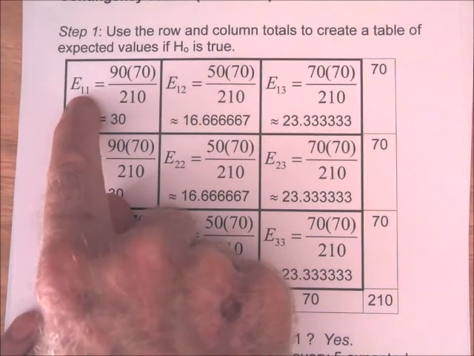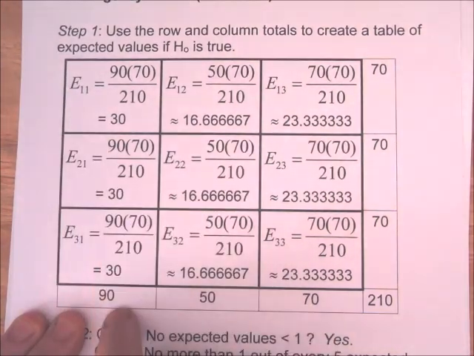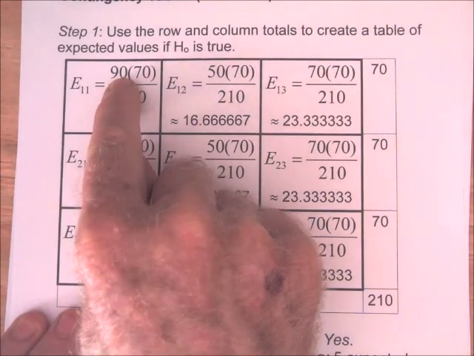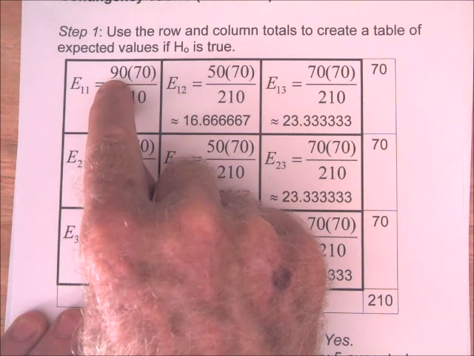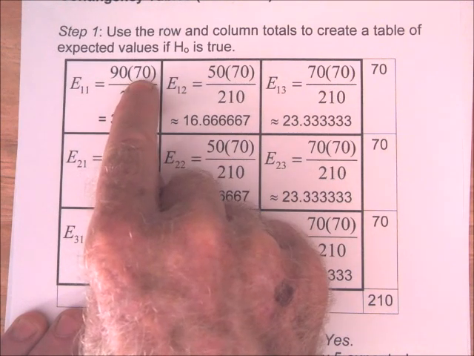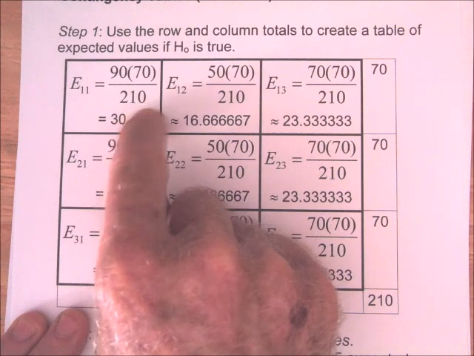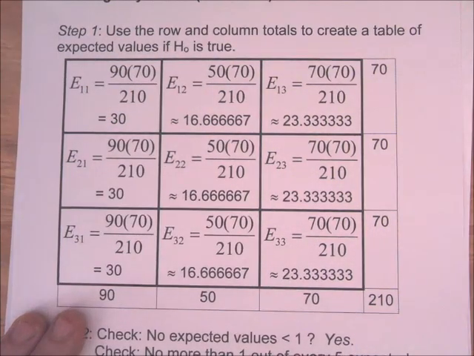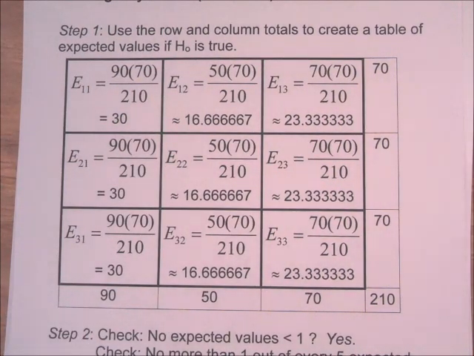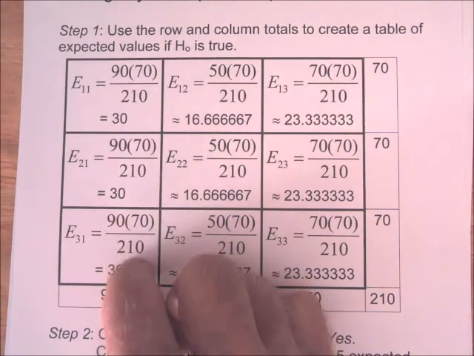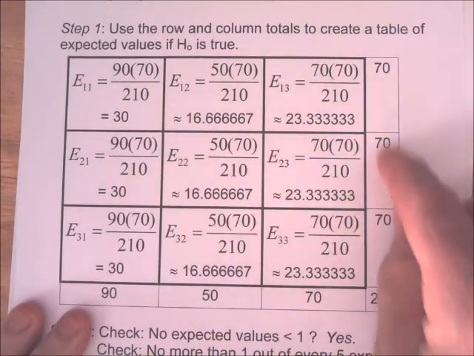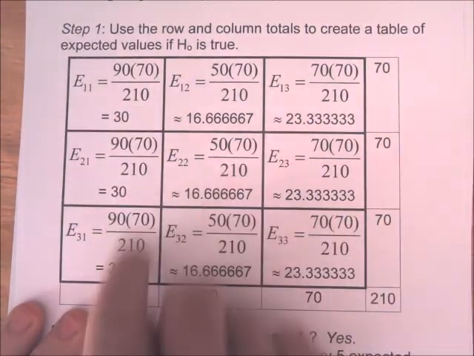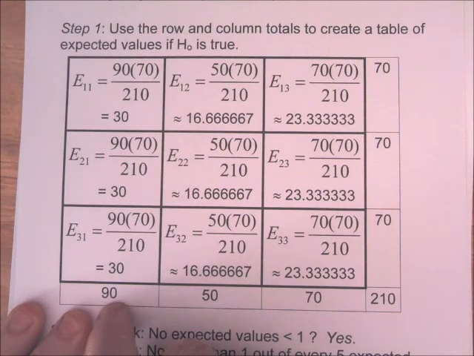For expected in row 1, column 1, it's the column 1 total, 90, times the row 1 total, 70, divided by 210, the grand total, and that comes out to be 30. Each of these in the first column are going to be 30 because the row totals are all 70 and the column total is 90.